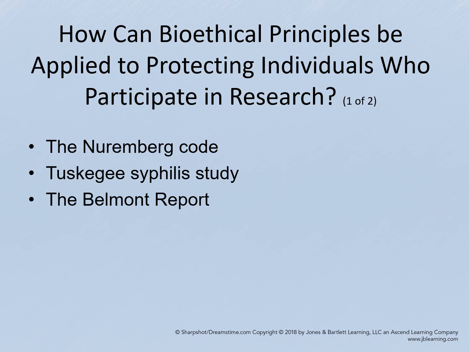First is respect for persons, or autonomy. Every individual should have the right to know what they are receiving, and they have the right to informed consent. Then beneficence. Every person, every research participant, has a right to be treated in an ethical manner, and they should be protected from harm.